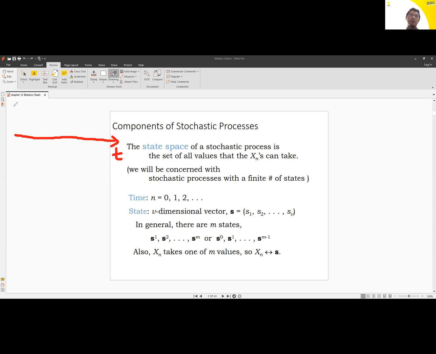Let's say this is noise, for example. Noise is a kind of stochastic process. Noise fluctuates over the given time periods.